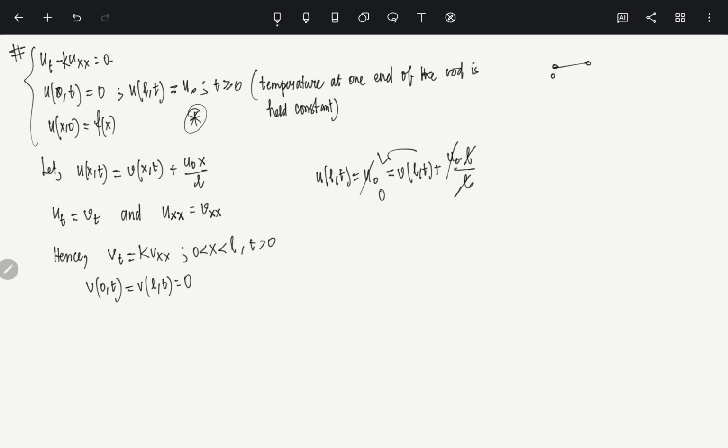Okay, so that's the idea. This change of variable is done in such a way that you can write it in this particular format.